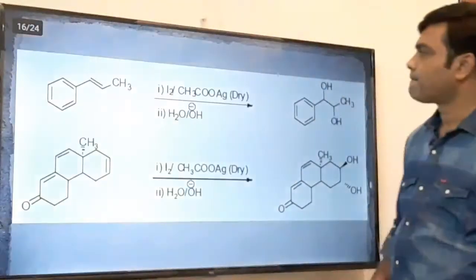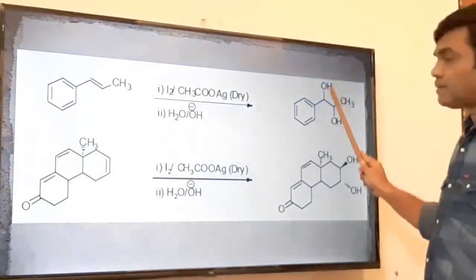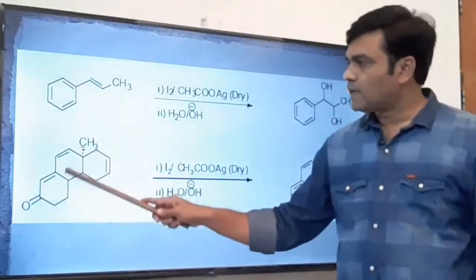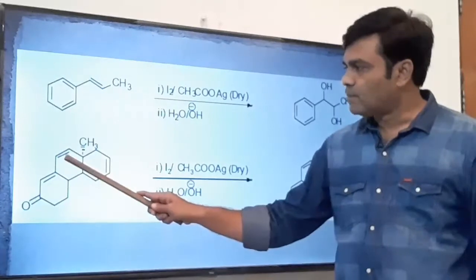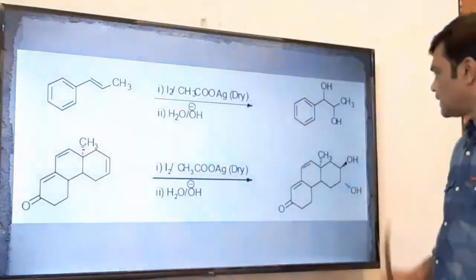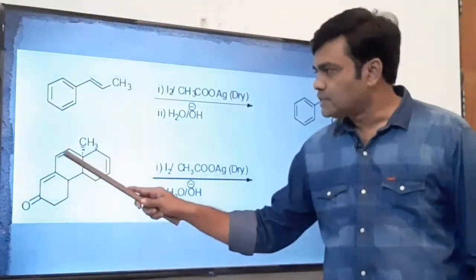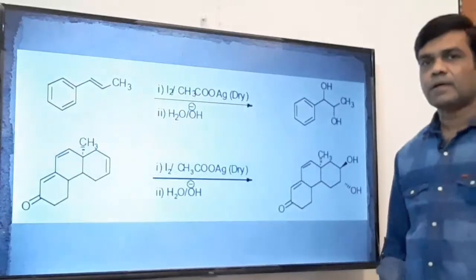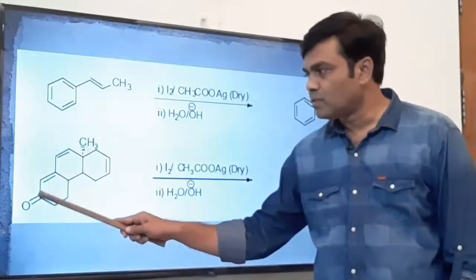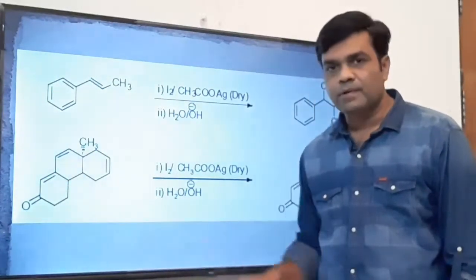See this one. Here across the carbon double bond diol formation takes place, and what is the stereochemistry? Trans. Here three carbon double bonds are there, 1, 2, 3. When we treat it with the Prevost reagent, see, this is conjugated, this is also a conjugated carbon double bond. This is an alpha beta unsaturated ketone. This is the carbonyl group, this is the alpha carbon, this is the beta carbon, and there is a pi bond between alpha and beta.